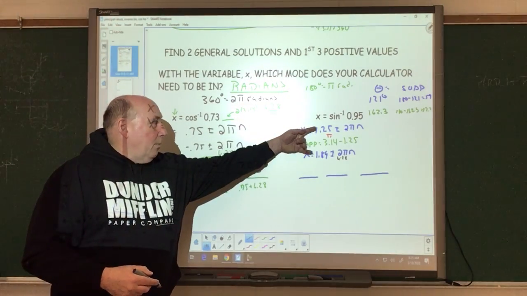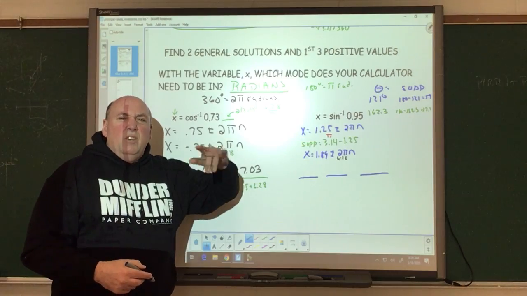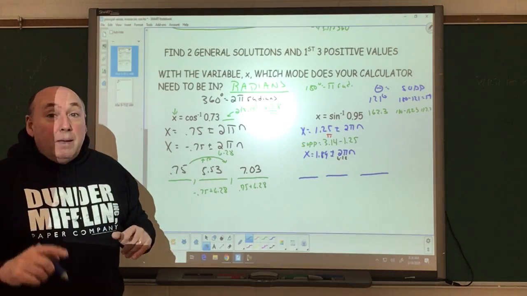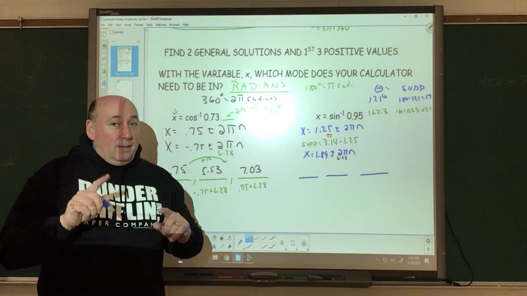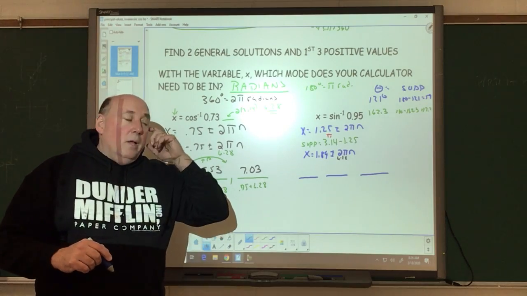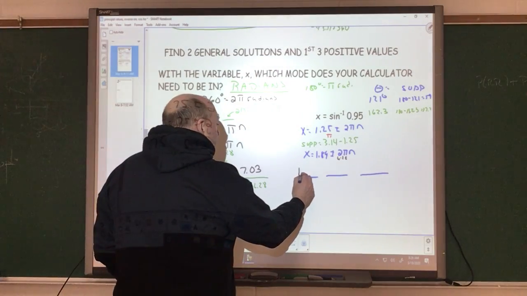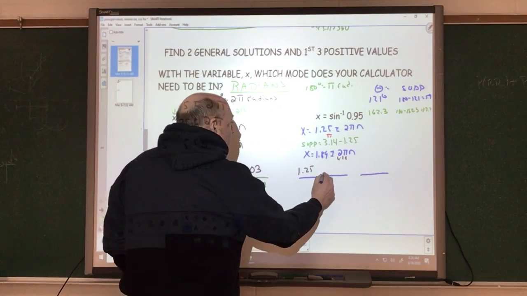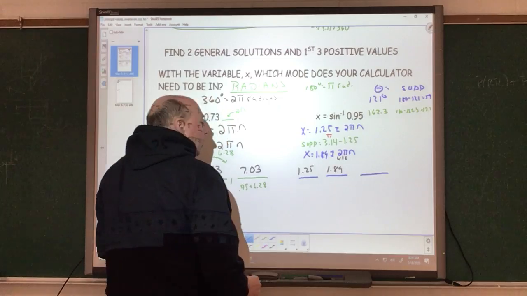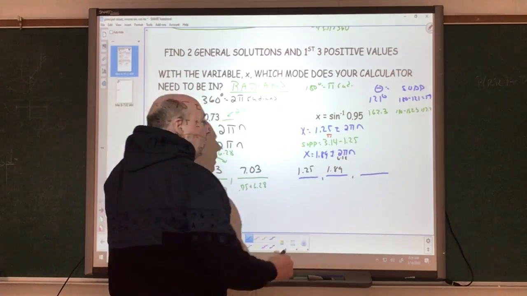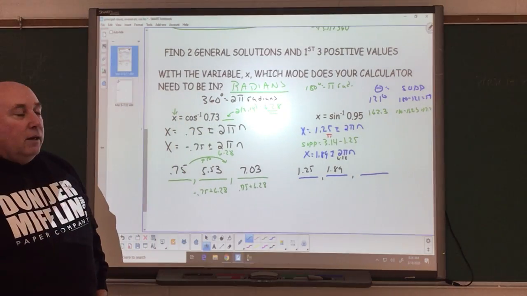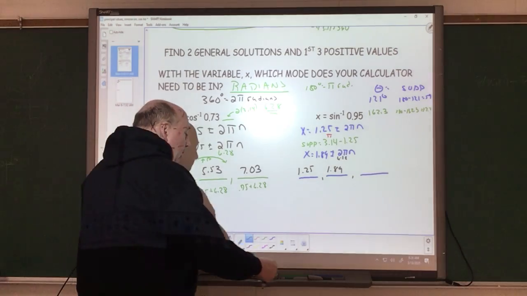Well, the nice thing about sines is you usually get 2 positive values there. They may not be the smallest one, so you have to watch yourself as we go forward. But we get 2 positive values. For right now, we have 1.25, we have 1.89, and then to go from 1 to 3, we play leapfrog.